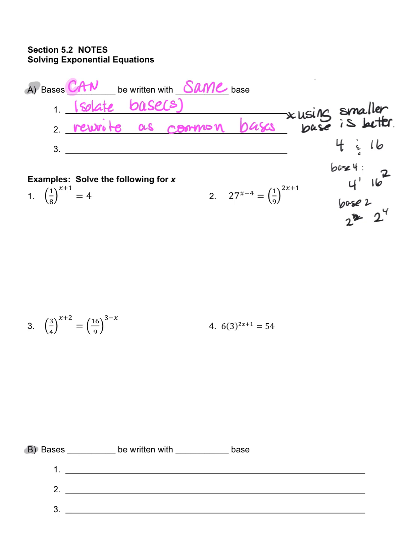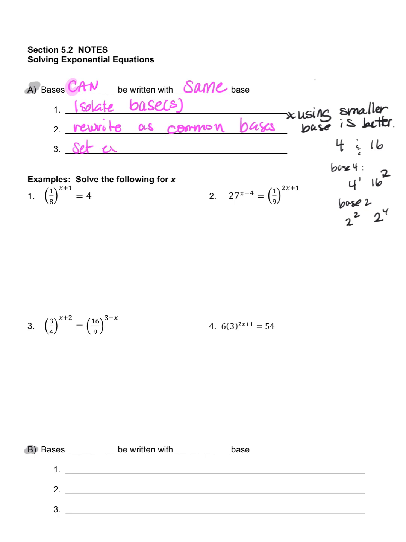Doing it that way can sometimes help you to make it less work at the end. Sometimes it doesn't matter, okay? But just know that you can; the smaller base may be more efficient. Then we're going to set exponents equal to each other as the last step.